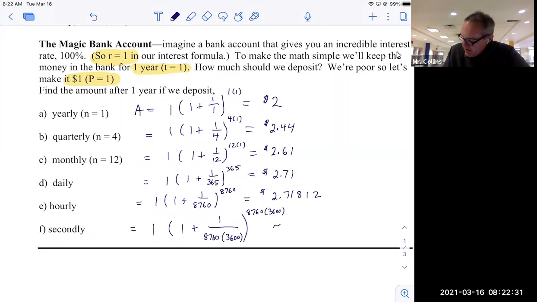And guess what? You still don't do a lot of good. In fact, you get about 2.718281. And so you hardly picked up anything. You picked up everything in like the 5th decimal place. So in case you're wondering, yeah, you are not getting very far at all.